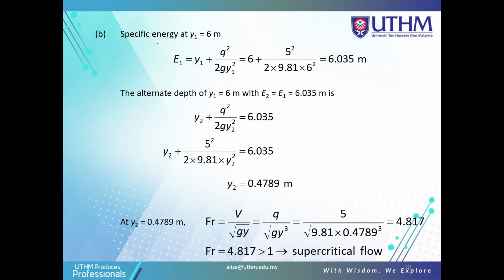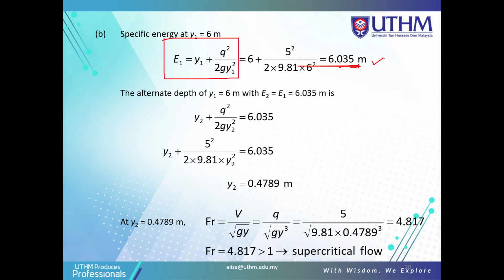When the specific energy at 1 is for 6 meter, it is the same as the calculation in A. So we use the formula for specific energy with Y1 of 6 meter, and you put in the values. With Y1 equal to 6 meters, we get E1 as 6.035 meter.